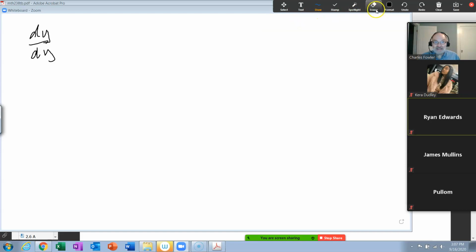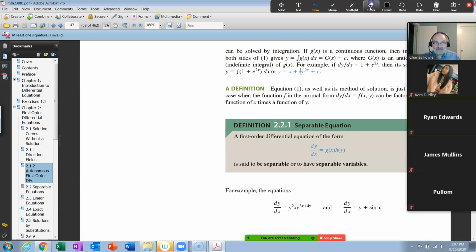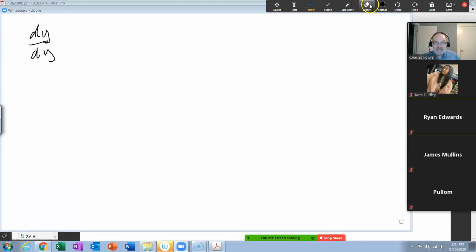Okay. dy/dx is equal to, and there was a complicated looking thing, y squared x e to the 3x plus 4y. That sure doesn't look like it's factorable to me.